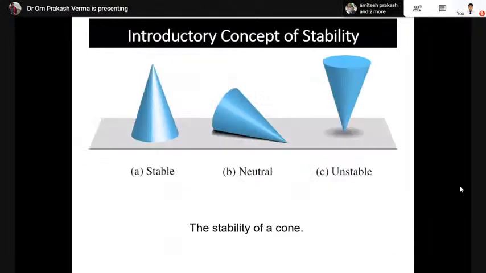Now, come to the stability terms. Since this is an introductory class, if time allows, day after tomorrow or tomorrow, we will discuss stability theory in depth.